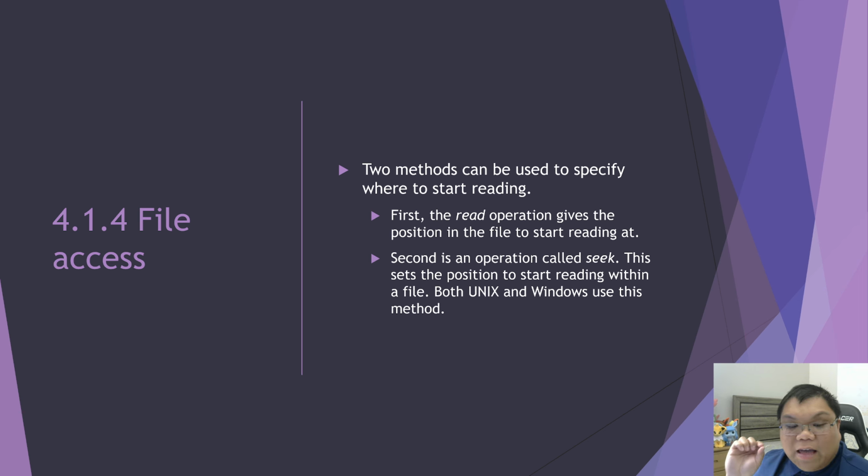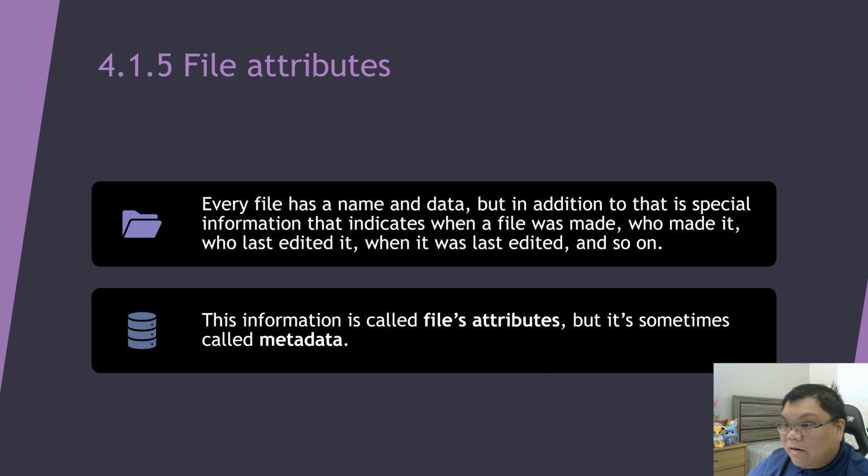In a file, there is a pointer that points to the location to read from next or to write to next. What seek does is change that pointer to point to any location within the file. When we call seek and change the pointer, it changes where we can read from, and then we can call read and start reading from that new location. Both Unix and Windows use this method.